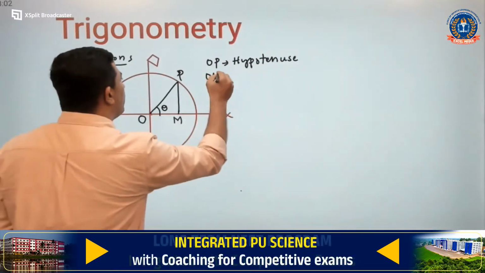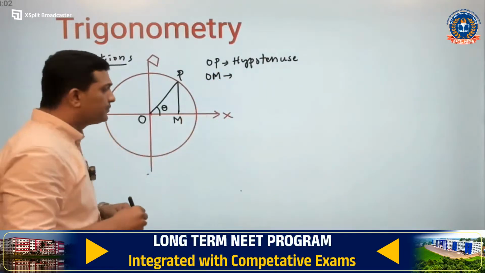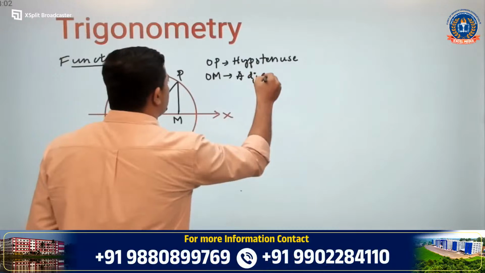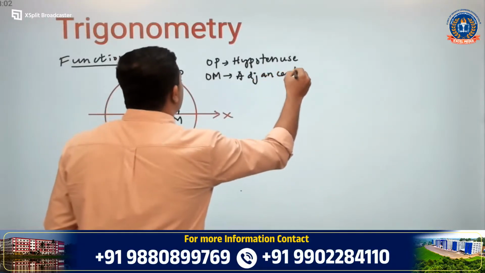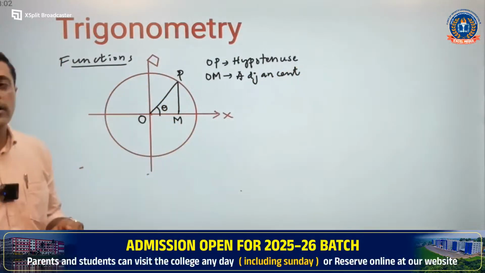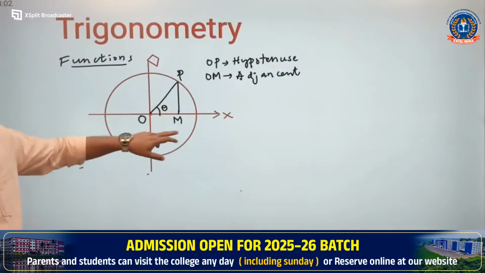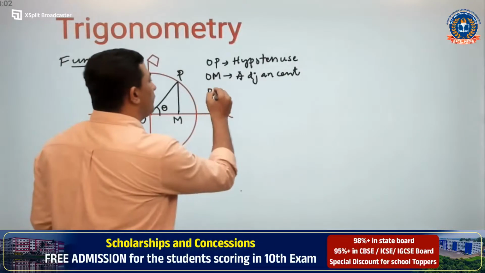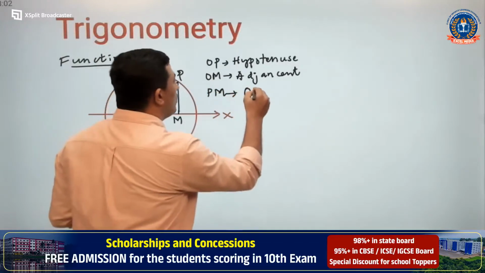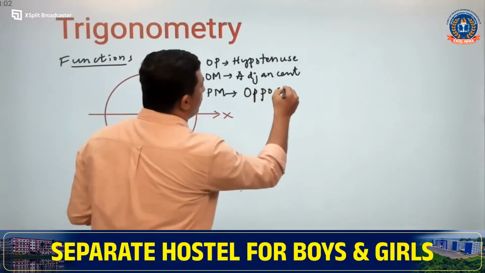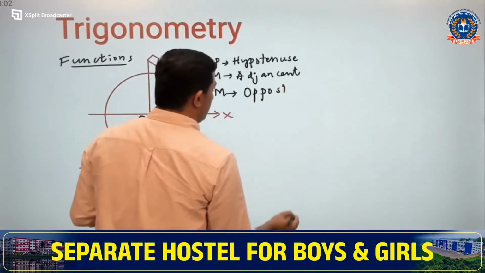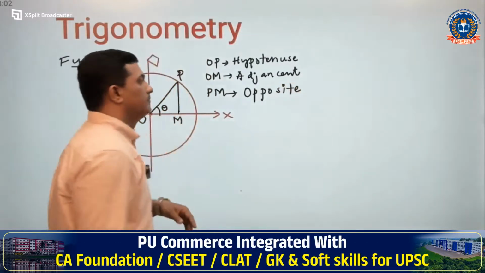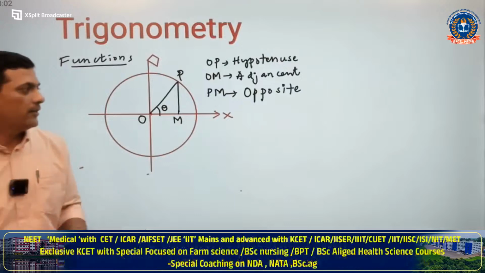OM we call the adjacent. These, hypotenuse and adjacent, are all related to the angle theta. OM is adjacent to theta. And PM is called the opposite. Right, this is the case.